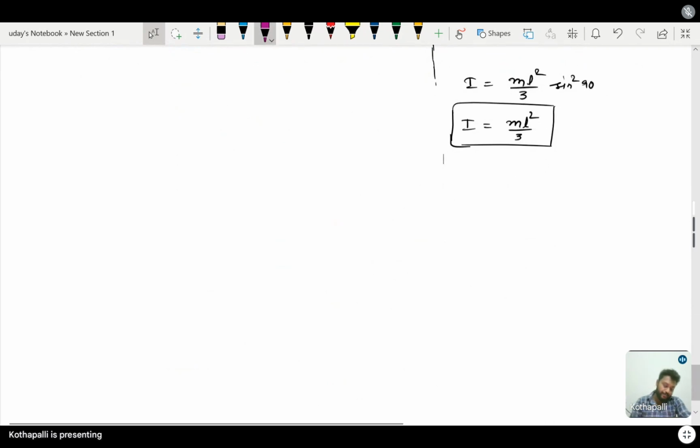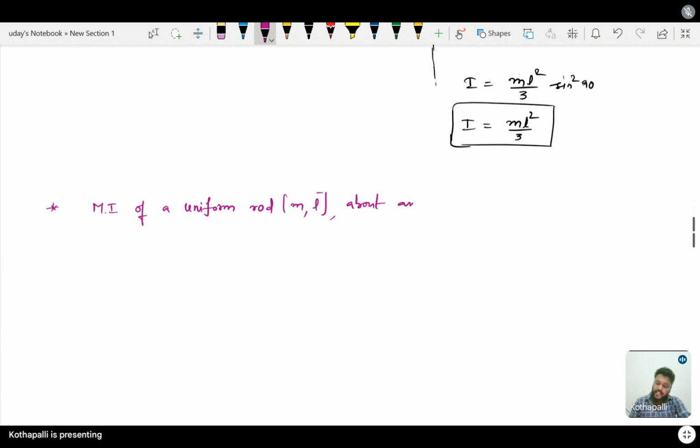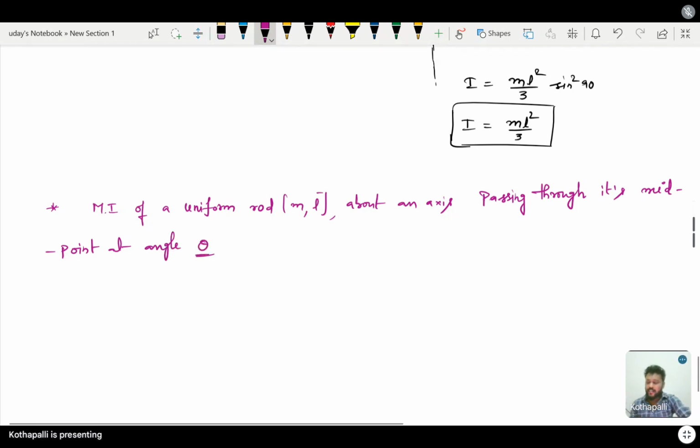See the next case: moment of inertia of a uniform rod, same, of mass m, length L, about an axis passing through its midpoint at an angle theta.